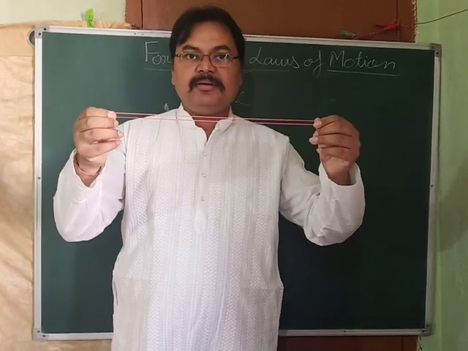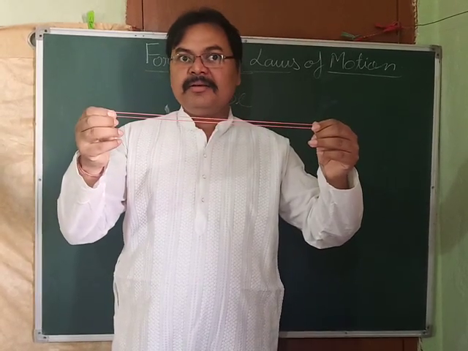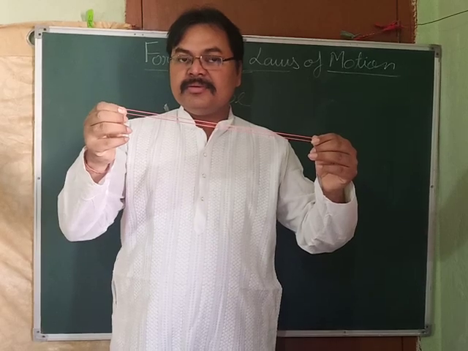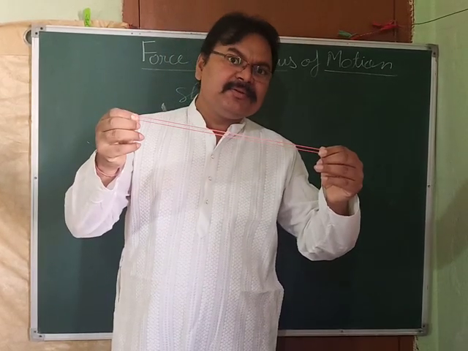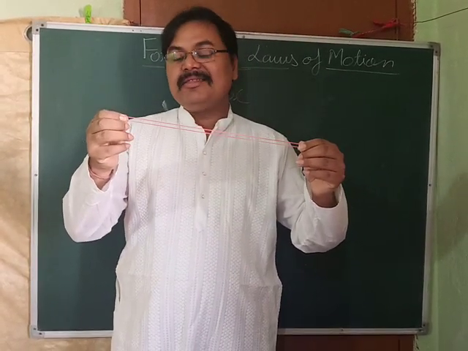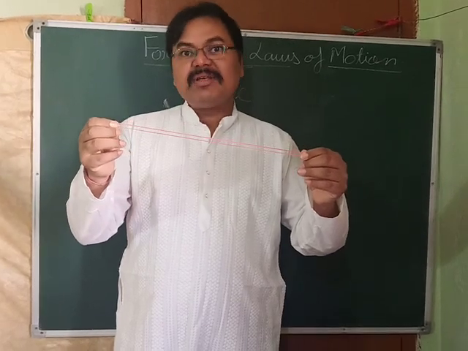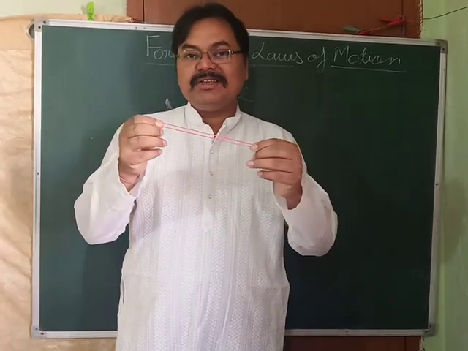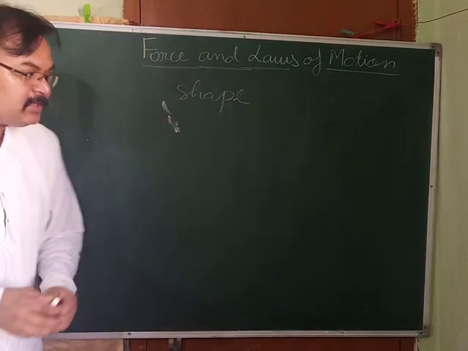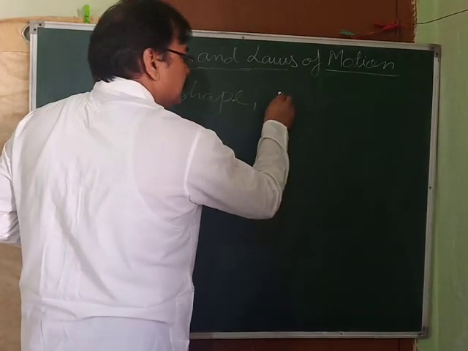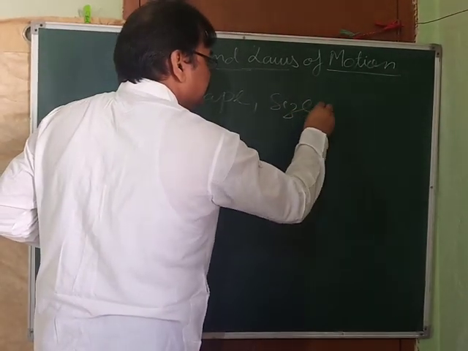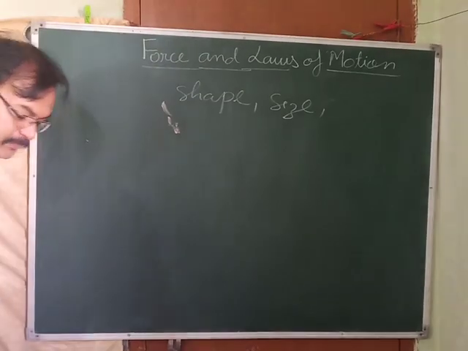What do you find? There is some change in the rubber band. What has changed? Oh yes, length. That means size. The size of the rubber band has changed once the force is applied. So what has changed? Size.